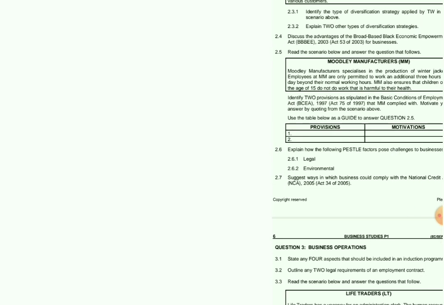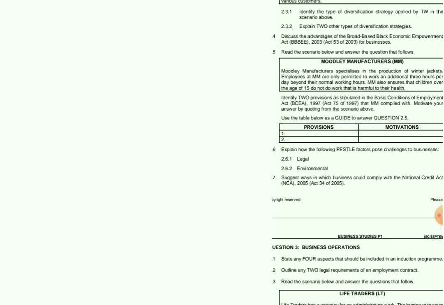Let me zoom in so that you guys can read it. Now you're done reading. So let's begin. Identify two provisions as stipulated in the BCEA that MM complied with. Motivate your answer by quoting from the scenario above.